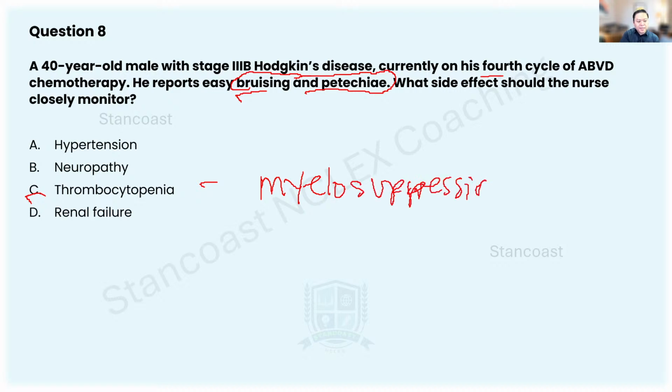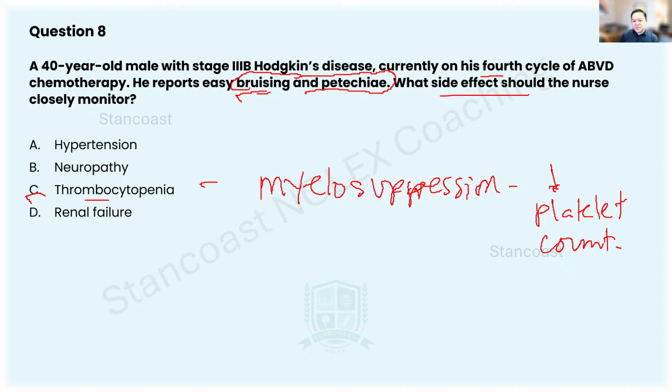It can also decrease platelet count. Don't forget that. That is a correct answer, guys. Thrombocytopenia. So we should monitor the patient for low platelet count because of the known bruising and petechiae.